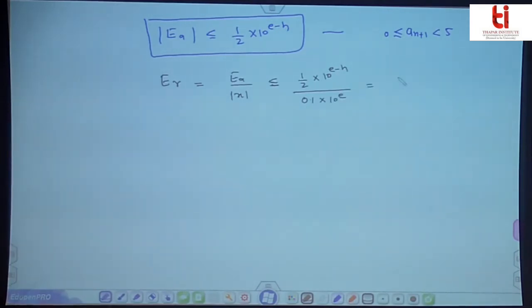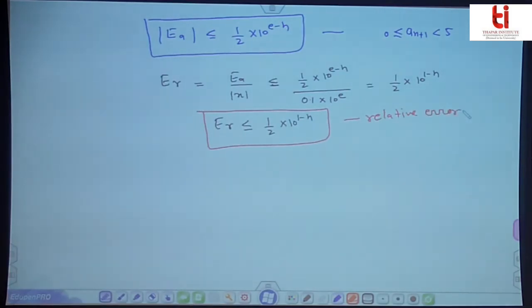So we are getting here 1 by 2 into 10 raised to power 1 minus n. This is the relative error. Now we'll discuss the next case, case 2.